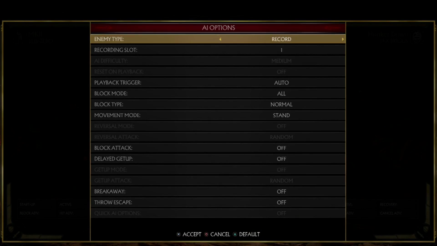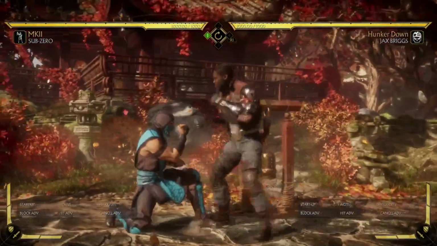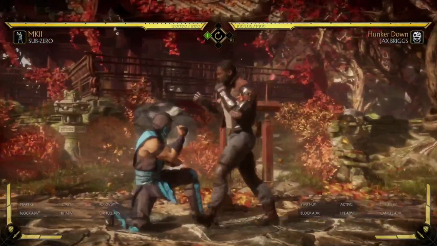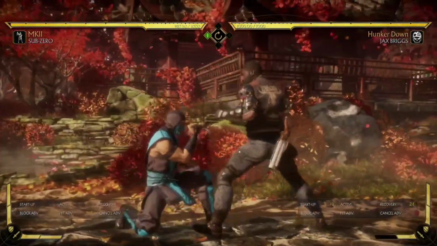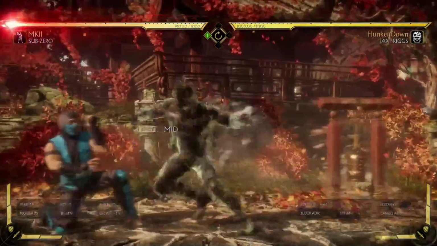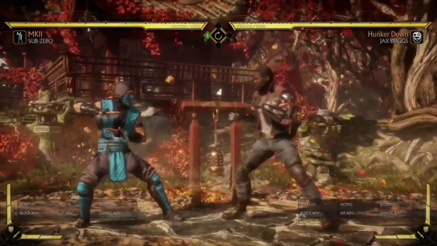Now, I'm going to show another example. Here, he does the first part of the attack on block, and then amplifies. Now notice again it says 24 recovery frames. The data has not changed. Oh, I didn't block. Whoops, I didn't have him block.